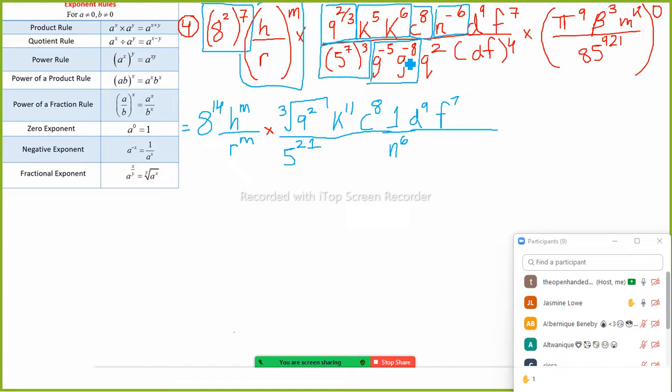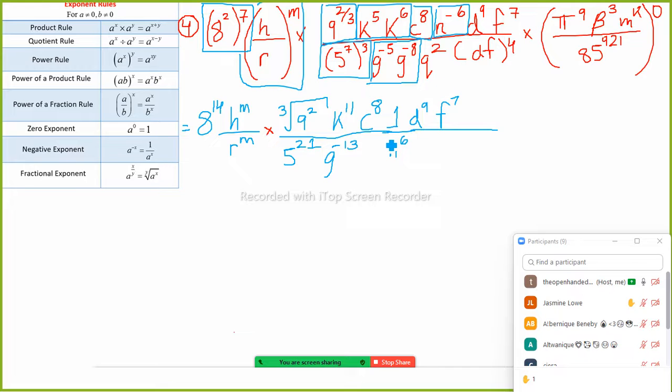I think you gotta add 8 plus 5. So that'll be g to the power of negative what? 13. Yes. All right, good stuff.